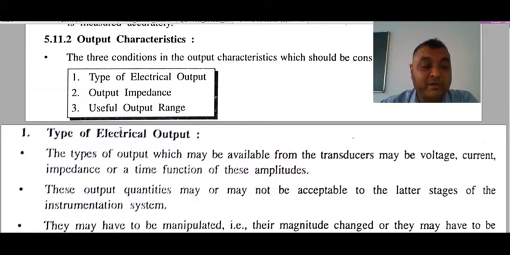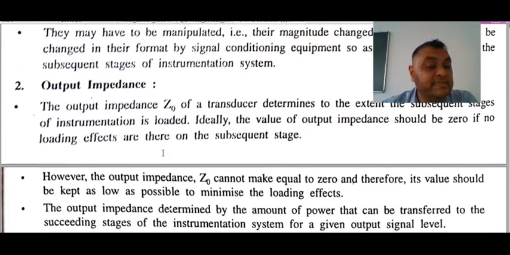The important statements you can easily extract are: type of electrical output, that means either analog or digital; output impedance should be lower at the output side; and output range, that we can increase but while facing the consequences. Such kind of answer you can give in the examination, depending on how the question is asked and for how many marks.